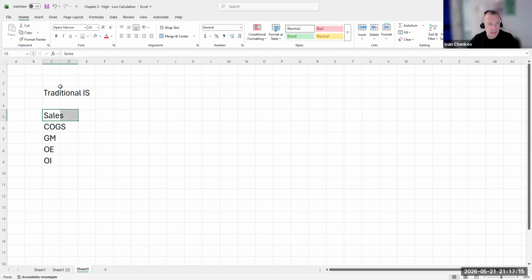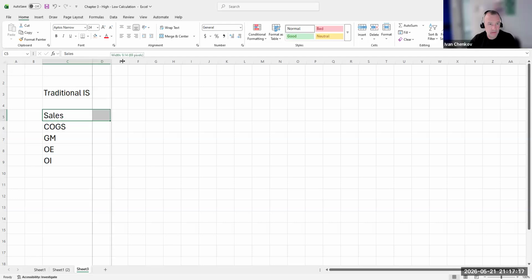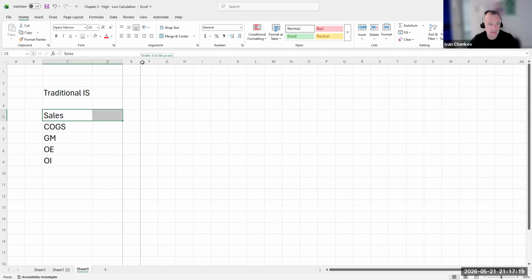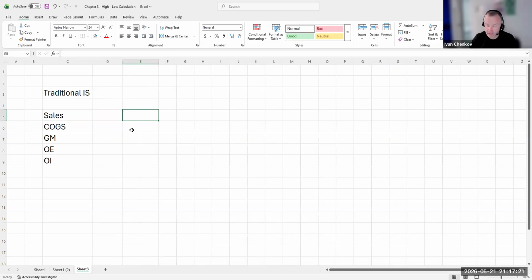Let's put some numbers here and make it fancy. Let's say the sales are 10,000. Cost of goods sold is 4,000. That makes the gross margin 10 minus 4, 6,000. Let's put one line here.